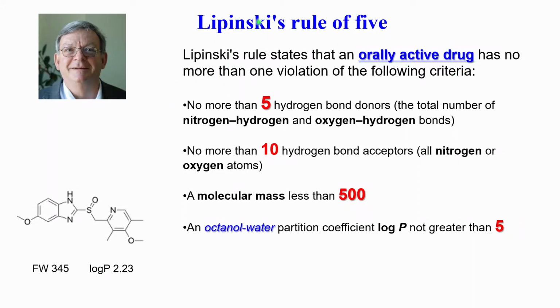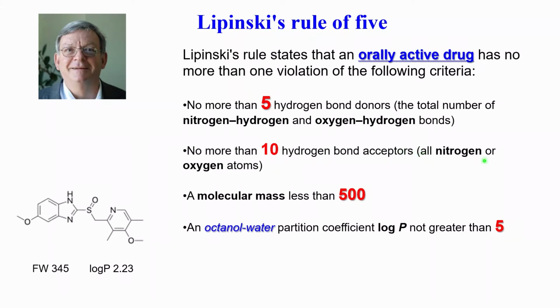So for compound to be suitable for oral digestion, it should have no more than 5 hydrogen bond donors, total number of nitrogen hydrogen and oxygen hydrogen bonds. No more than twice by 5, so 10 hydrogen bond acceptors.